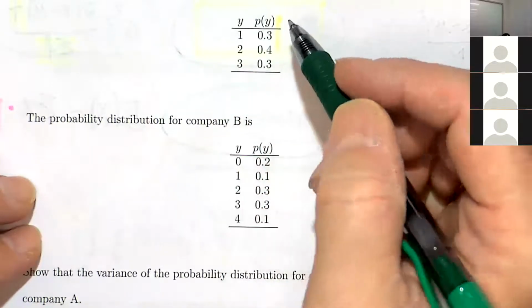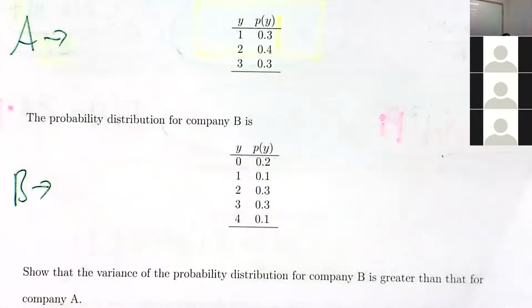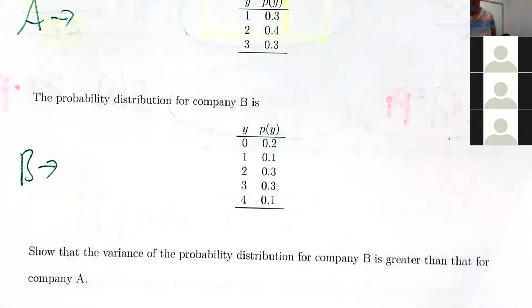The probability distribution for company A is given here, and for company B here. Question: show that the variance of the probability distribution for company B is greater than that for company A. So I will do variance A, and then you will do variance B.